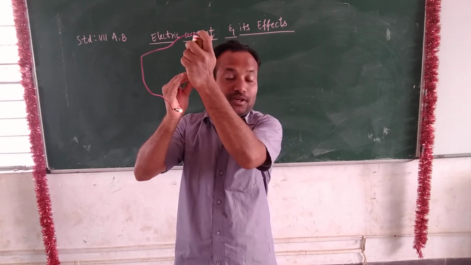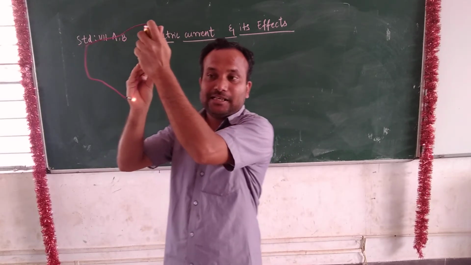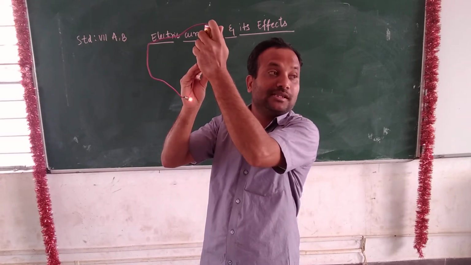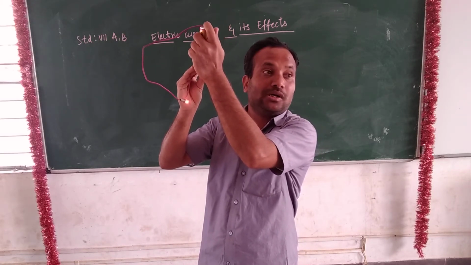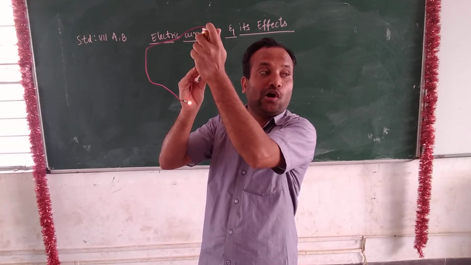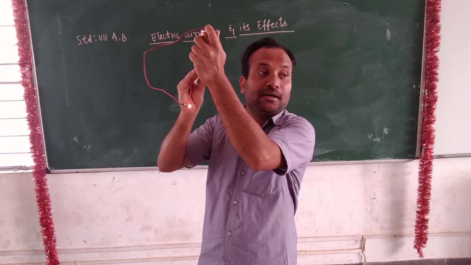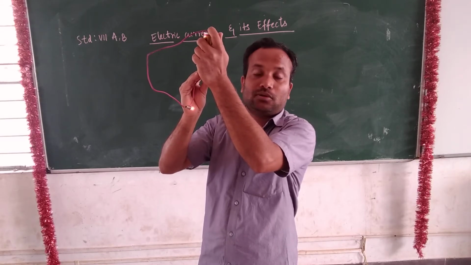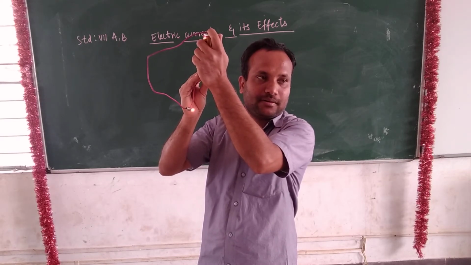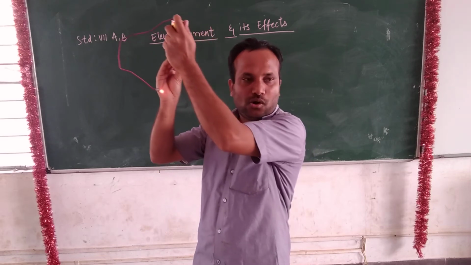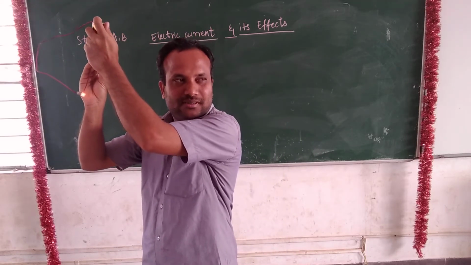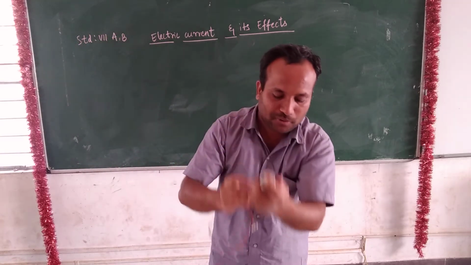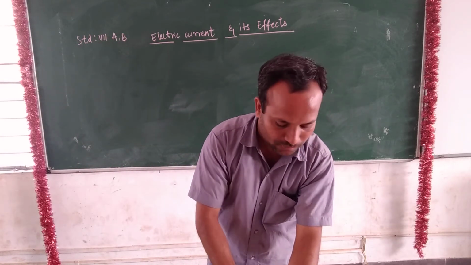Now if the bulb is glowing, it is called the complete circuit. The circuit is completed because the bulb is glowing. Okay, the bulb is glowing. Current is passing through the wires. Yes. Okay, can you see this now? This is a complete circuit. We call it a complete circuit. Let me switch it off, children, and show you.